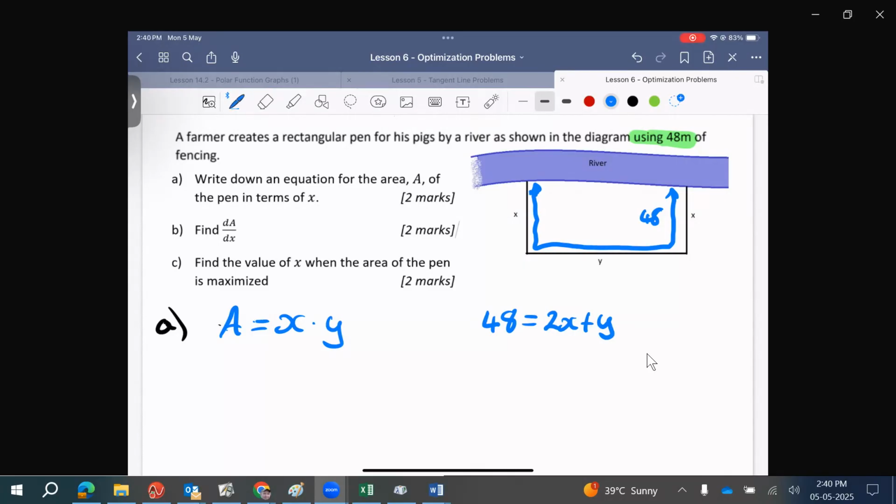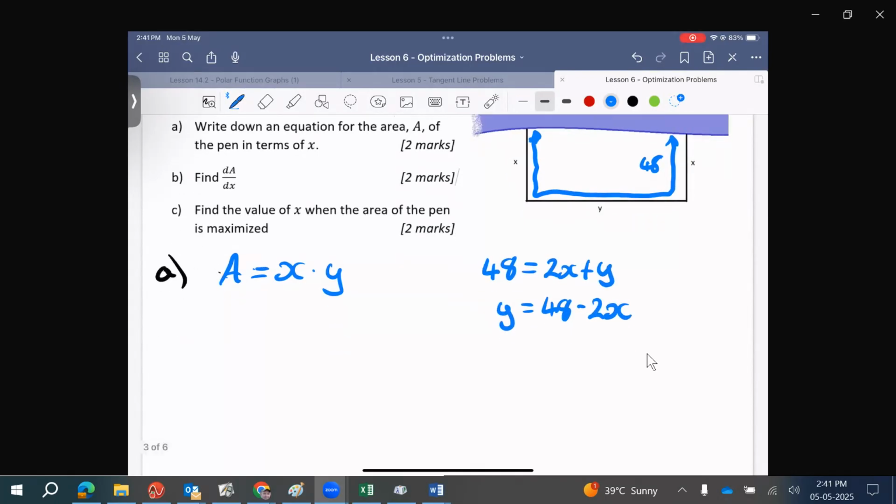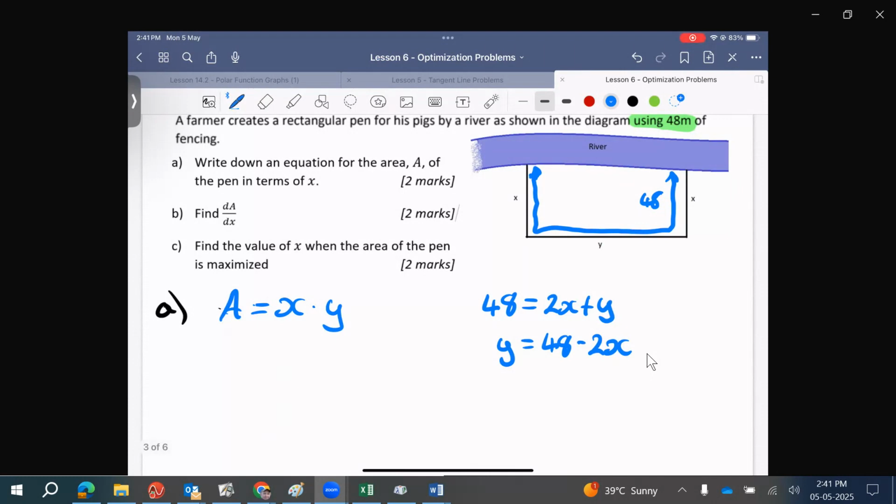If we rearrange this equation, we can say that y is equal to 48 minus 2x. This is our constraint. We can insert that into the function here to eliminate one of the variables. We still have our x, but y can be replaced by 48 minus 2x.